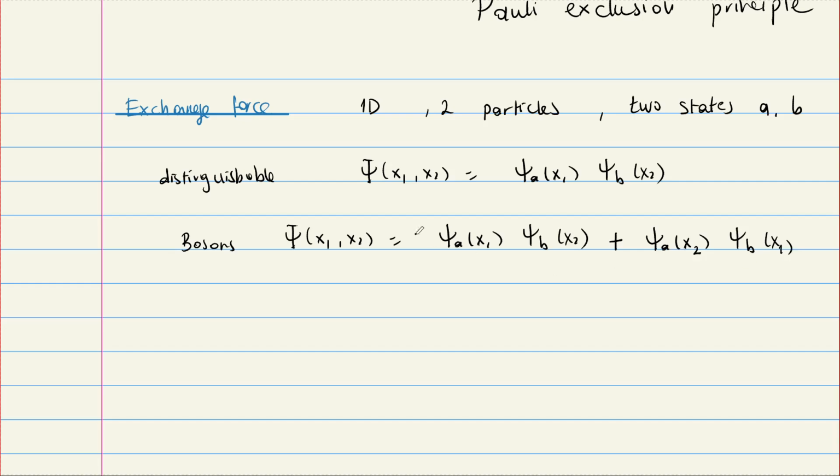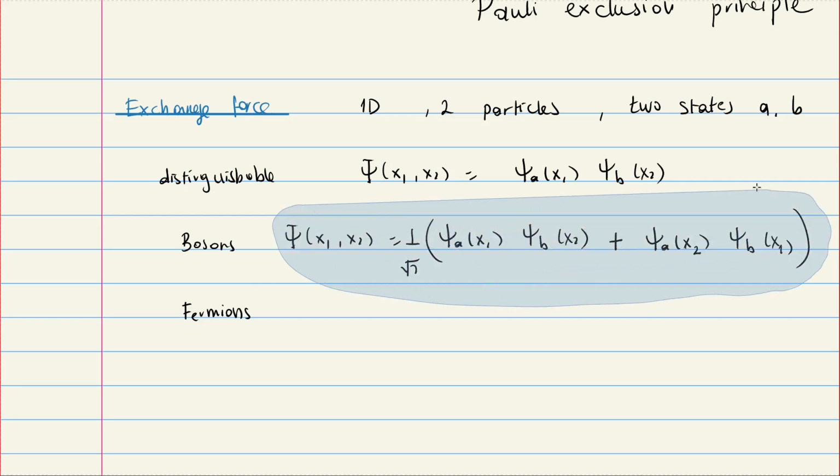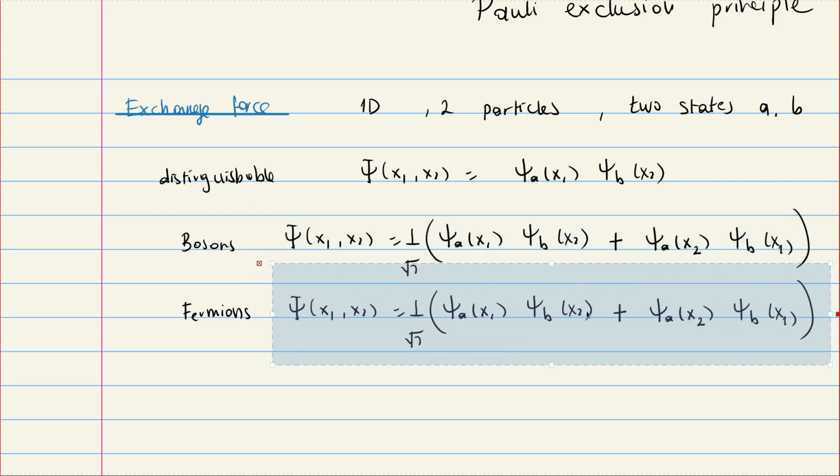This is 2, this is 1. Because I'm assuming these are normalized and orthonormal, psi A and psi B are orthonormal, I'm just going to put root 2 here. And lastly, the fermion case. This is exactly the same thing, with a minus sign.